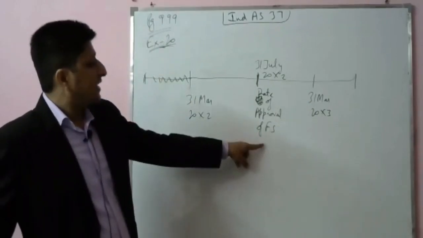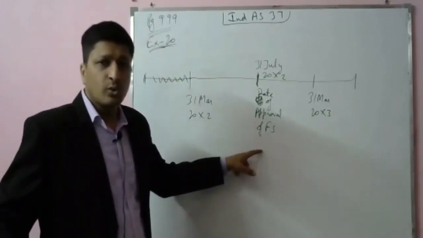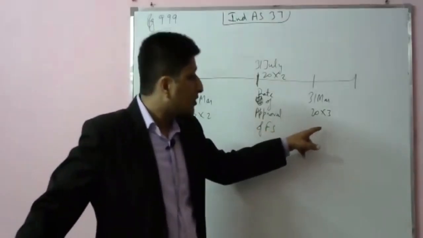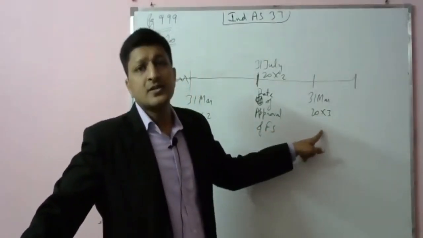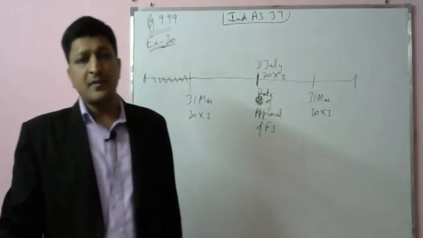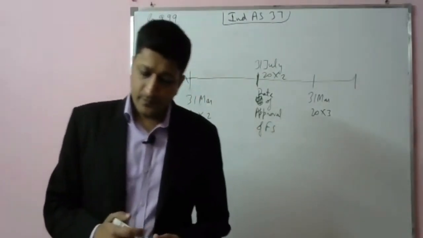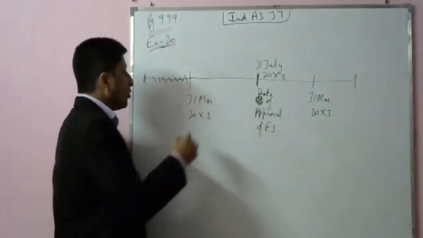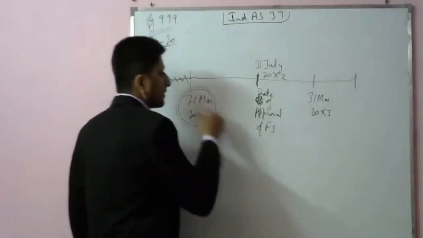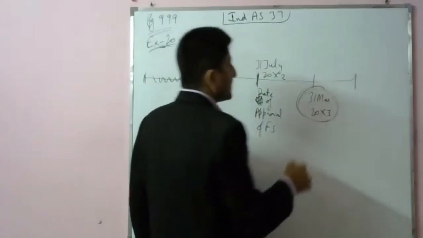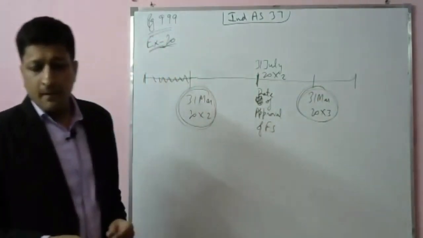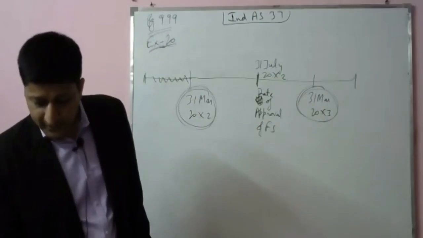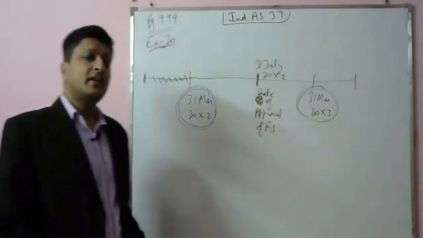So on this date, lawyers' view was no liability, but on this date, lawyers have changed their view. They are saying liability will arise. Now, in the given scenario, on these 2 dates, what should be the accounting treatment in relation to this event which took place?